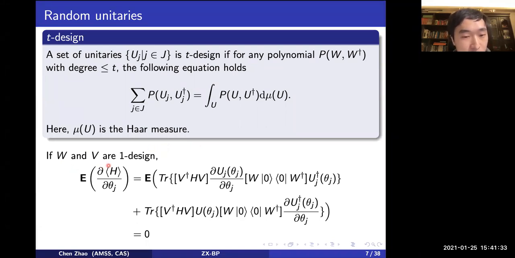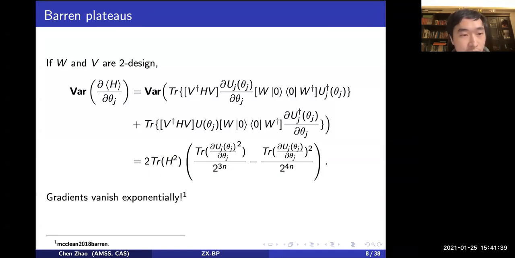If V and W are 1-designs, then the expectation of the gradient will be 0. And if W and V are 2-designs, then the variance can be computed symbolically, and the variance is exponentially small.